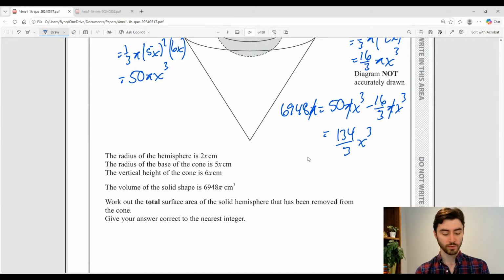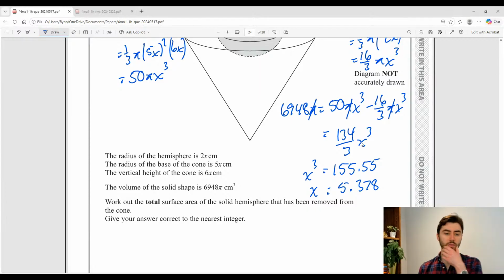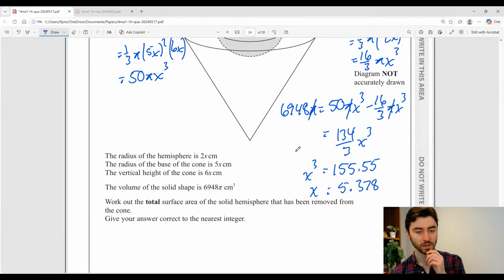So 6948 times 3 divided by 134 is ugliness. So I get that x cubed is equal to 155.55. And then x is the cube root of that, which is 5.378.